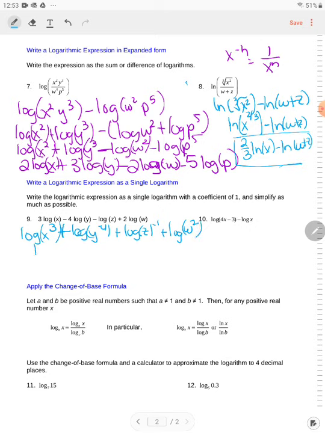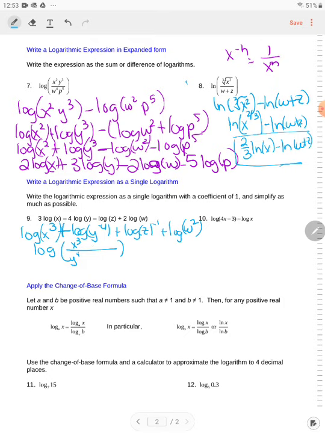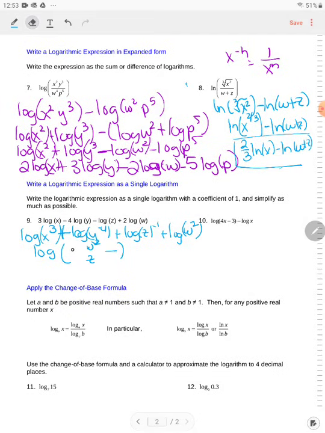So what we have is log, you have x cubed over y to the 4, because it's negative, it goes on the bottom. Z is on the bottom because it's negative, and w squared. All right, so again, let me write that a little bit neater. I have a little more room than I thought.